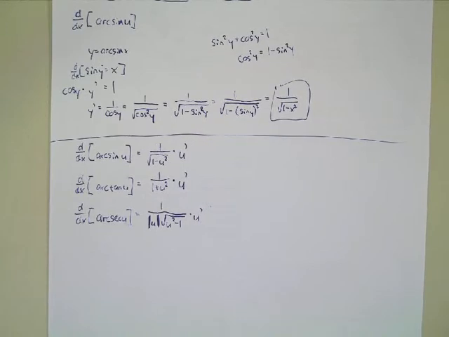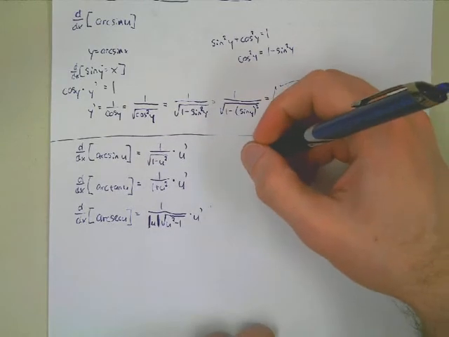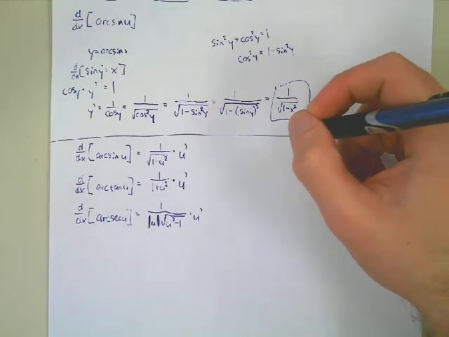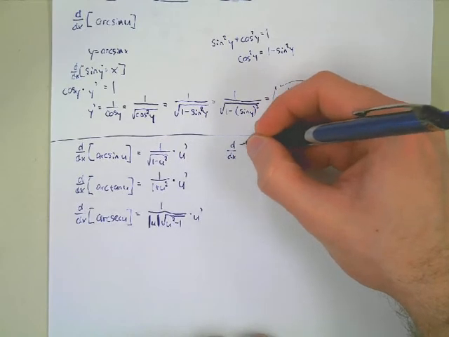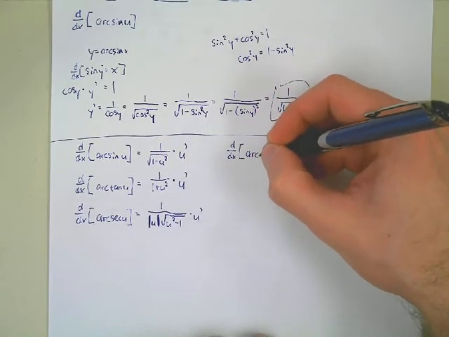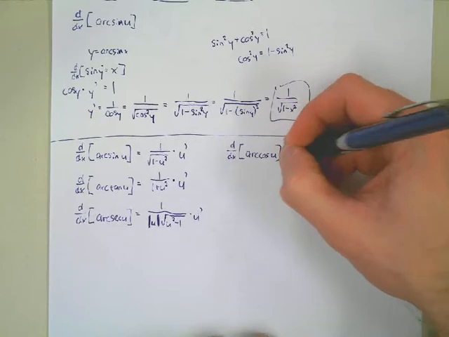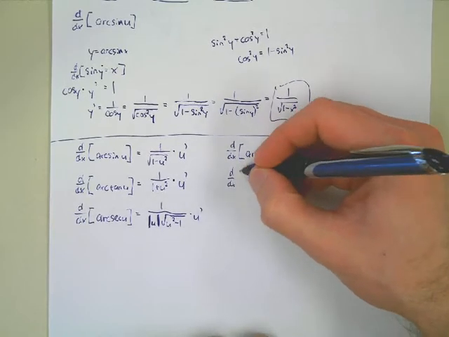All right, so then we also have arc cosine, arc cotangent, and arc cosecant.